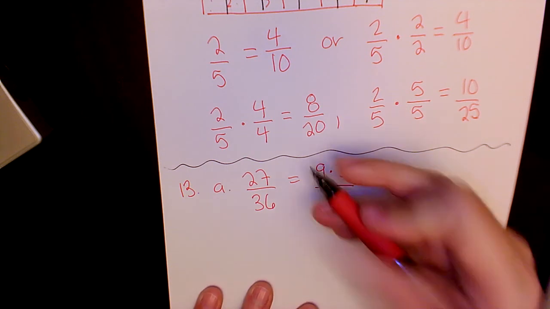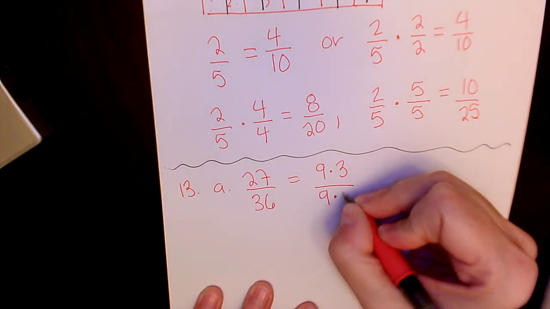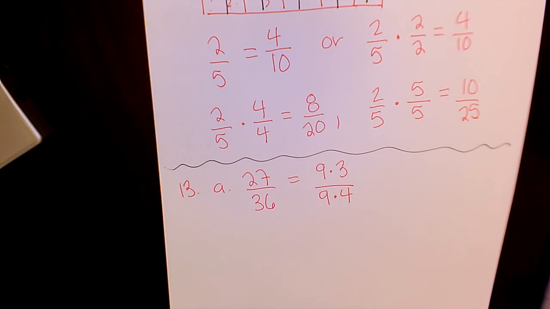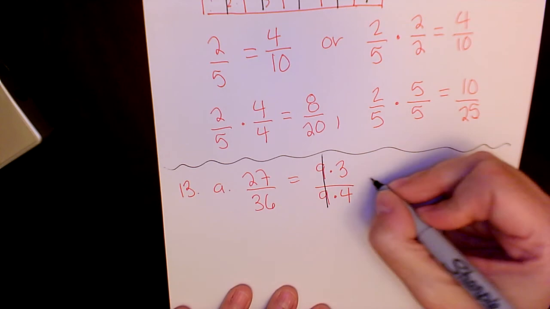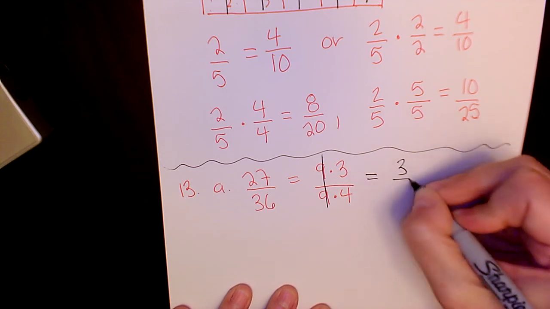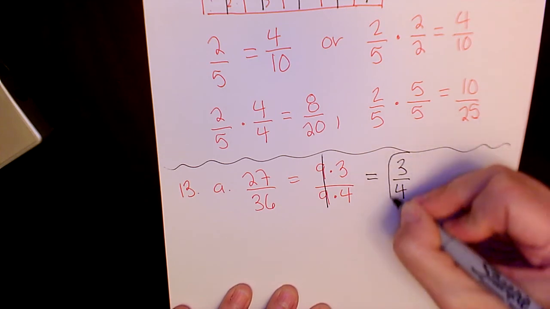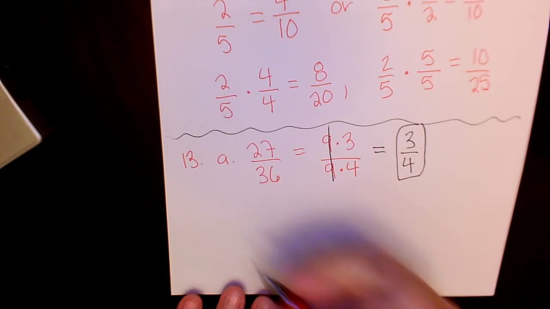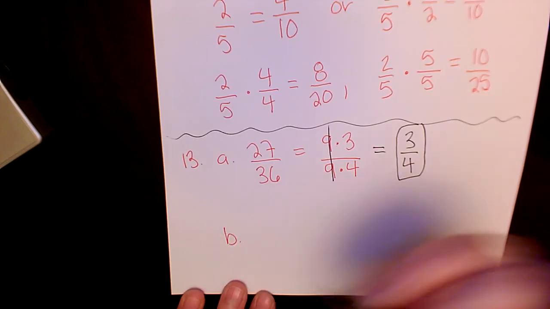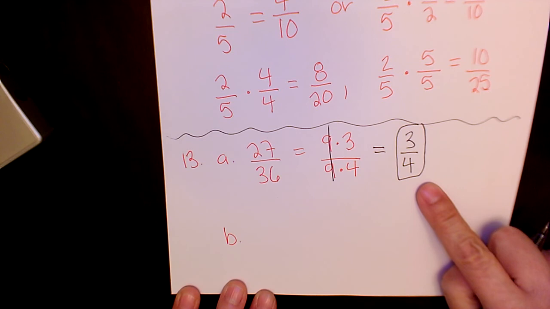Since I have a 9, I'm going to use the 9 times 4. And we see that the 9s match up, so they cancel out. And all that's left is 3/4. So my answer is 3/4.